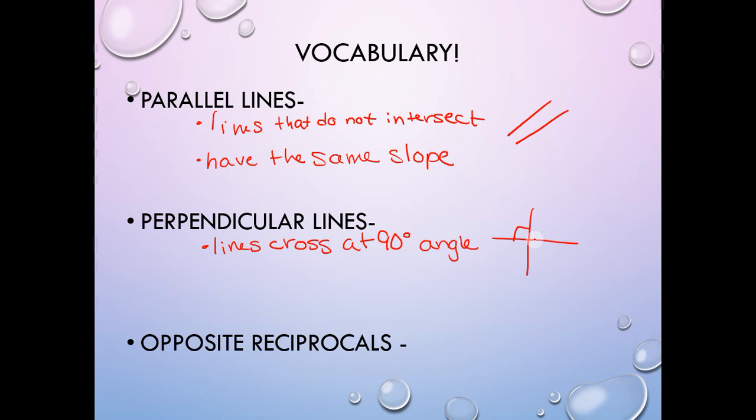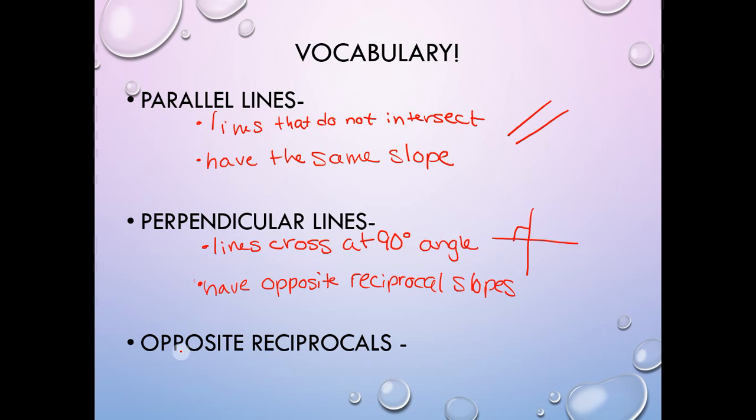That means that they are perpendicular to one another. Now, their slopes have what's known as opposite reciprocal slopes. I'm going to explain what opposite reciprocal means in a moment. We're going to want to make sure that we find that they are opposite reciprocal.